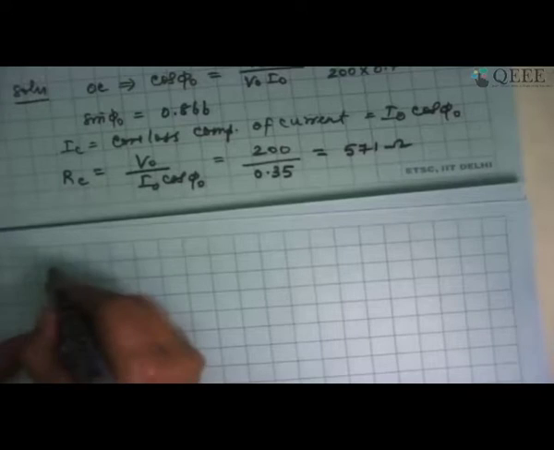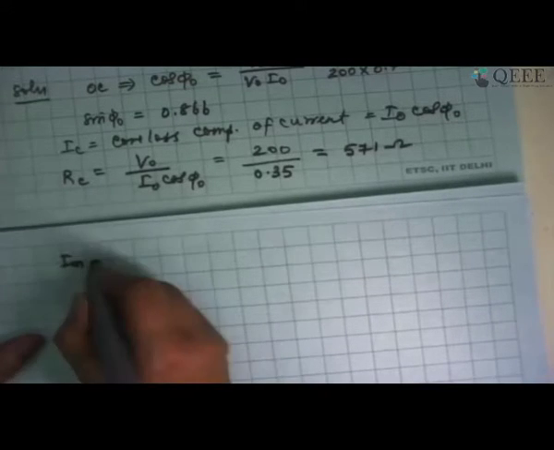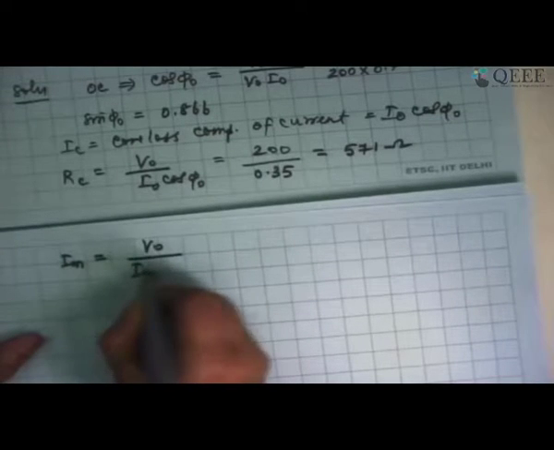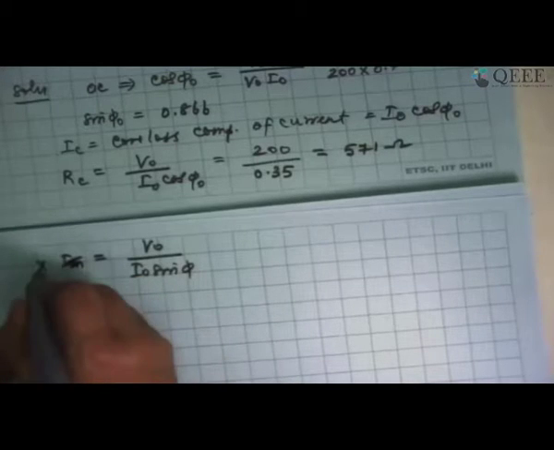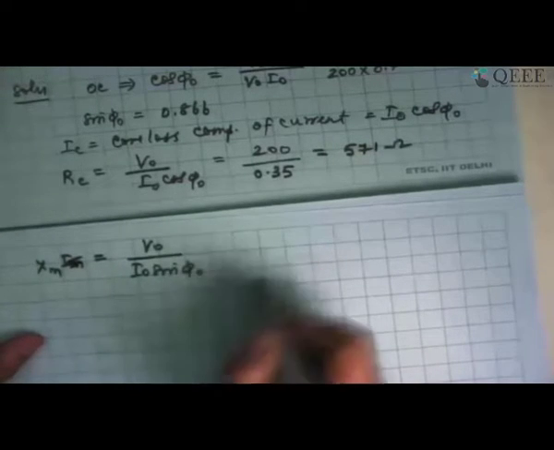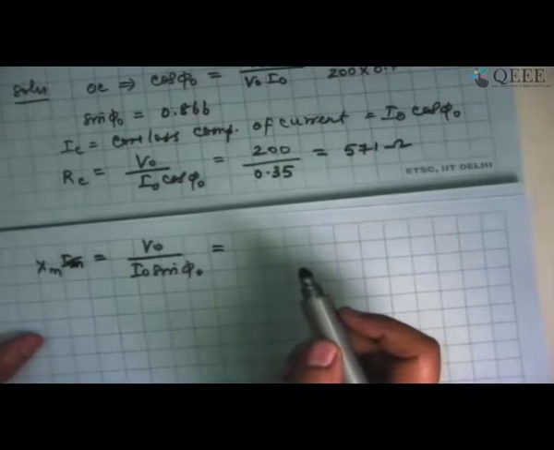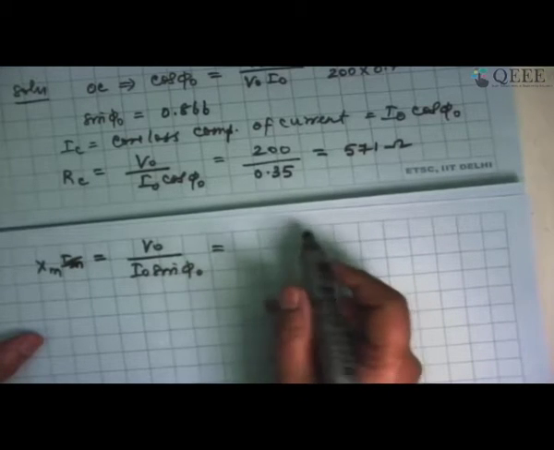So now that I have RC, I should be able to calculate XM. For calculating XM, I should say IM equal to I naught sin phi naught. XM is equal to V naught divided by I naught sin phi naught, right? Yeah, 571, that's right.